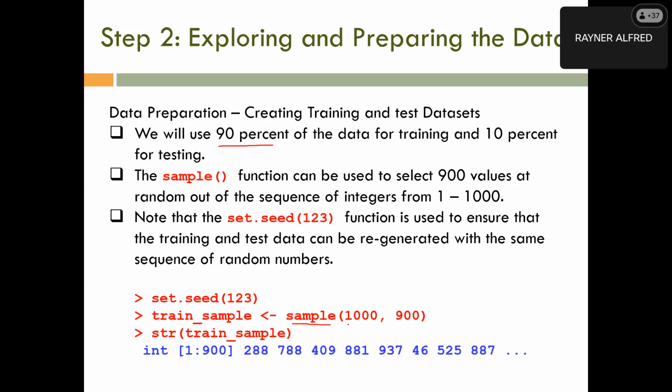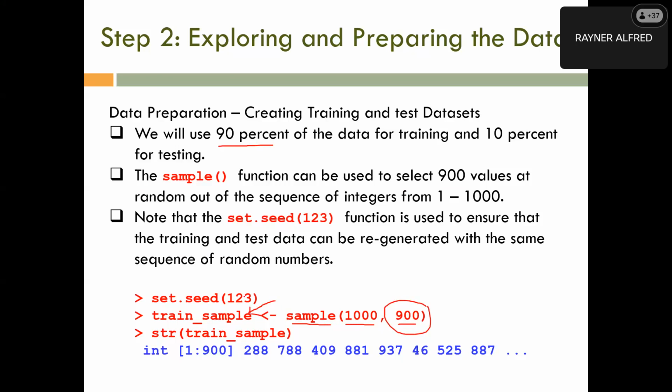So we are sampling from 1,000 to 900. Basically, we just produce a random number between 1 to 1000, and we do it 900 times, and we put it here. So basically, we are storing the ID of the record to be used as sample.